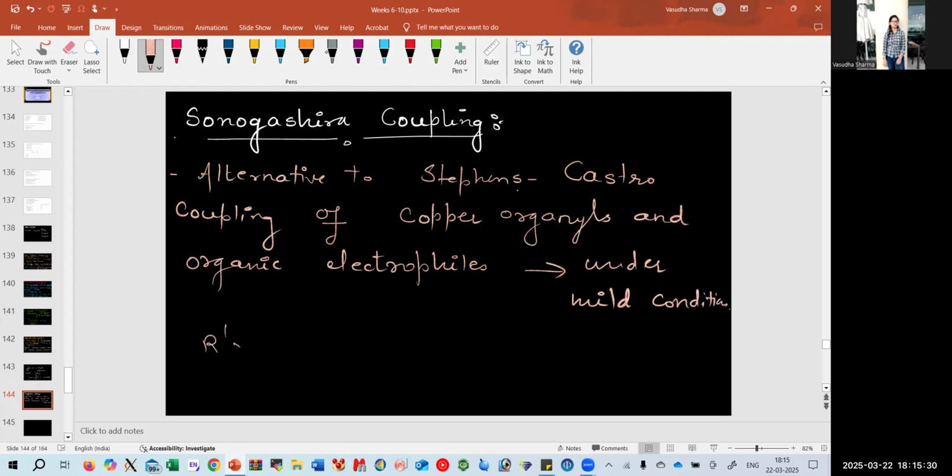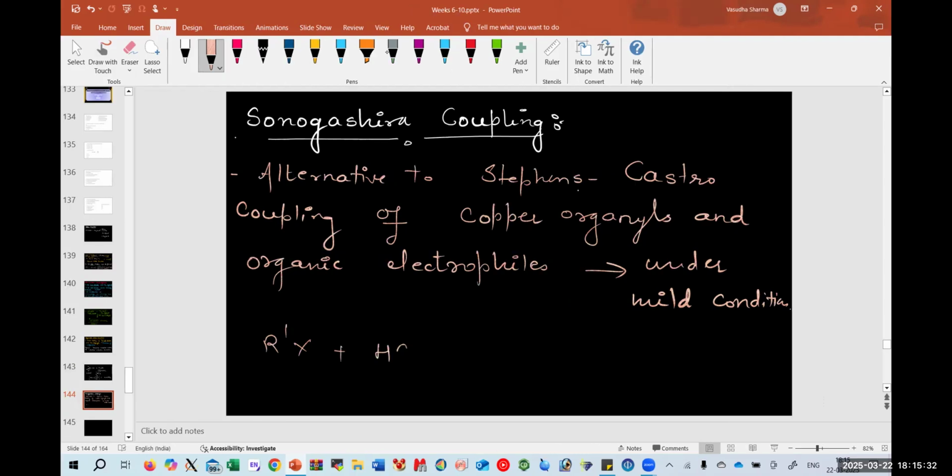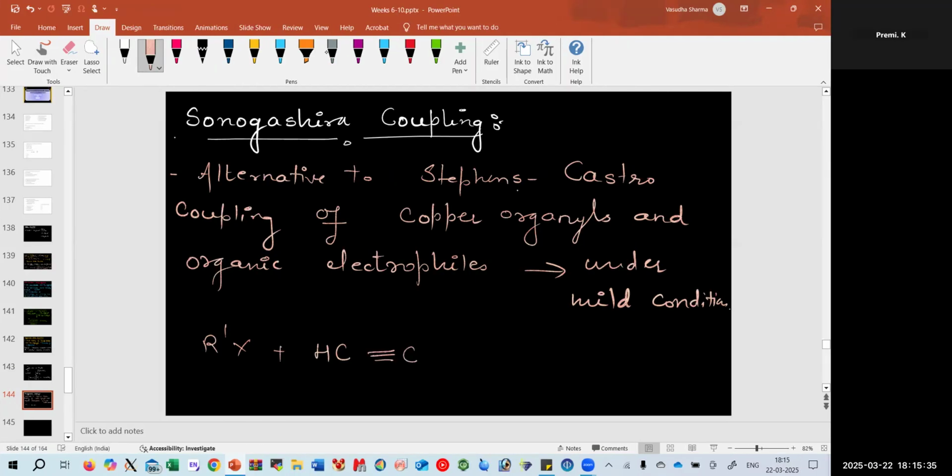So we have R1X plus HC triple bond C R2. And here we can see that there is R1, which is one group, and there is R2, which is the other. This R1 is going to couple where H is going to be lost in the presence of a palladium catalyst, copper iodide, and a base, triethylamine.